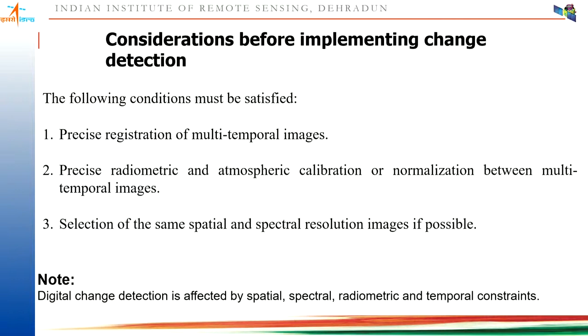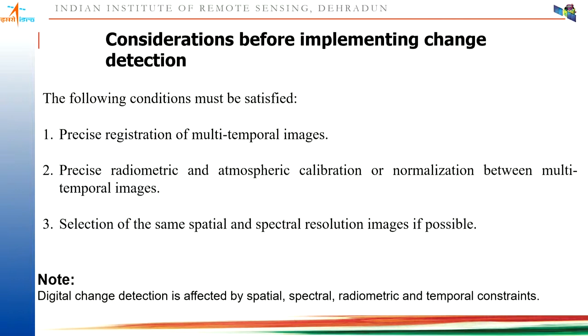Otherwise, when any algorithm is applied, an x coordinate will be sitting over a y coordinate in the second image, and everything will go wrong. So all the images that you use for change detection should be perfectly co-registered with each other. The pixels should exactly sit on top of each other.